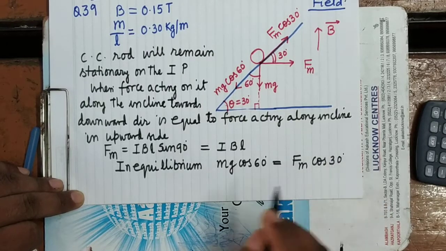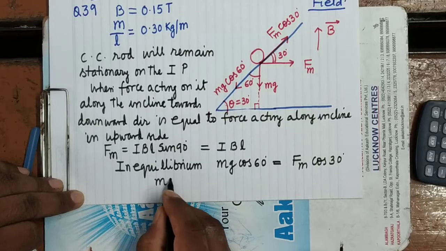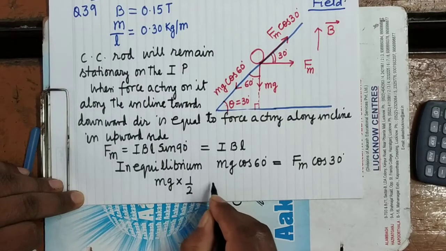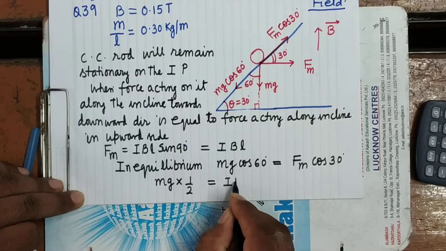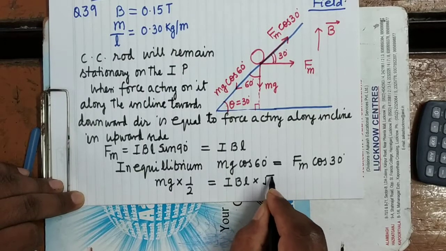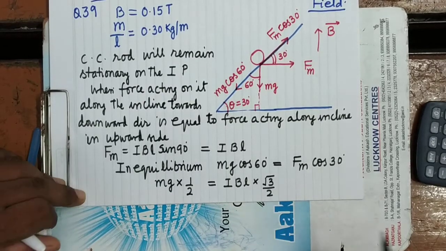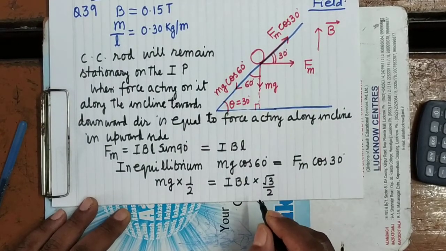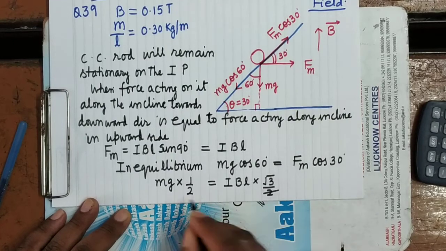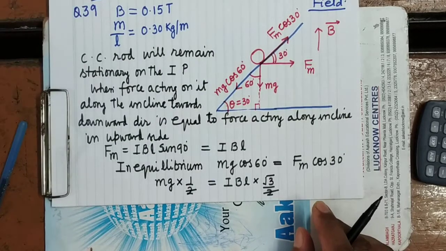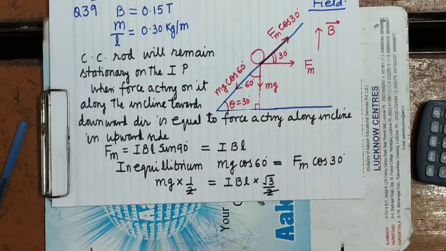Now you substitute the value. Mg cos 60, it is 1 by 2, equals to IBL cos 30. Cos 30 is how much? That you know, root 3 upon 2. It's clear. So what will happen? Here you have to determine the value of the current. So 2 and 2 will be cancelled. So from here what will be I? So that I am showing you here. What will be the value of I?